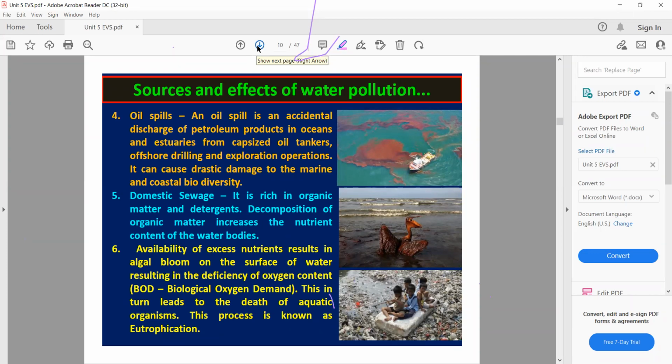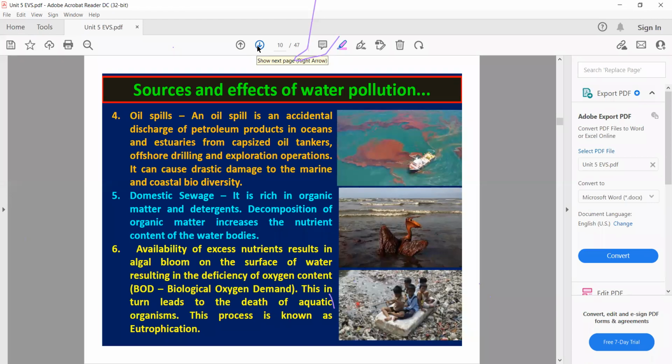So when there is an oil spill on the water body, what will happen? This will prevent plants from growing there, and it will reduce the dissolved oxygen level of the water body, thereafter causing death of floral as well as faunal life in water.